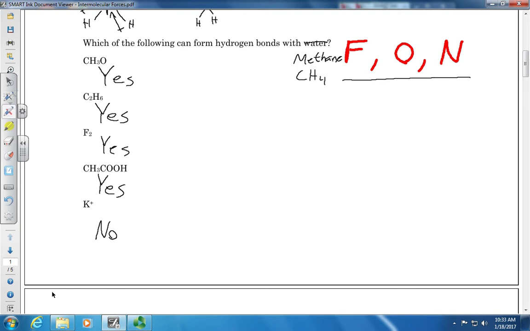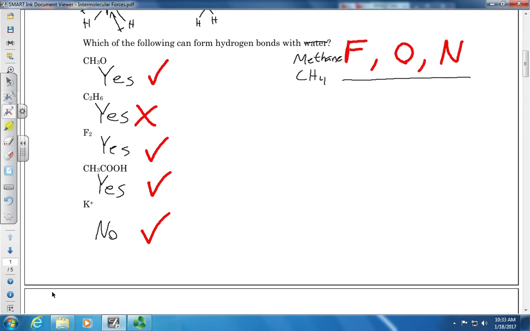We can go ahead and say that yes, this would be true. This would not be true, because all you're dealing with is hydrogens and carbons. There are no fluorines, oxygens, or nitrogens. But our third option is correct, as would our fourth and fifth. So the only one that would change in this case is the ethane. Ethane and methane do not form hydrogen bonds with one another.